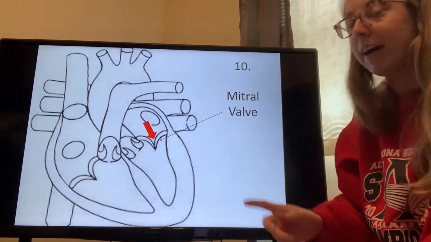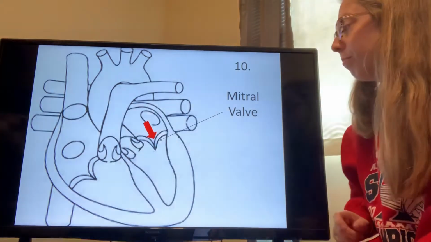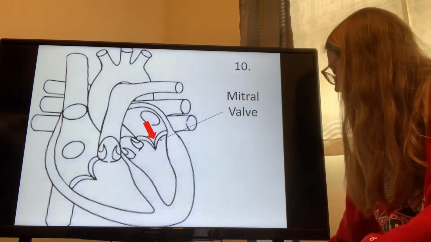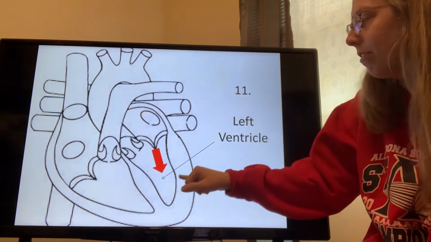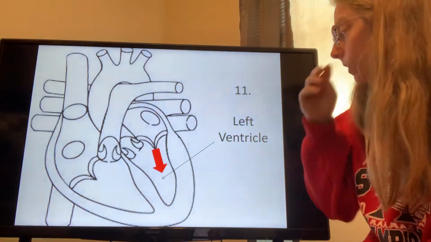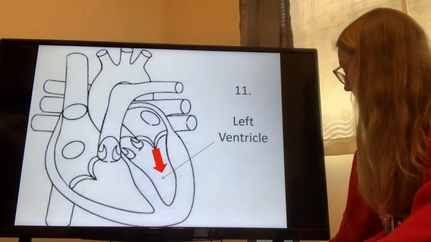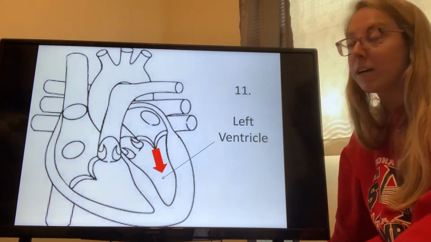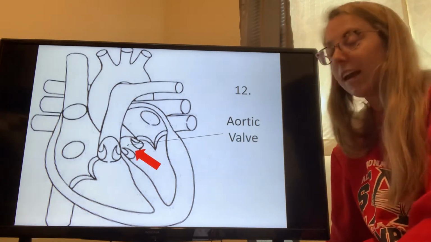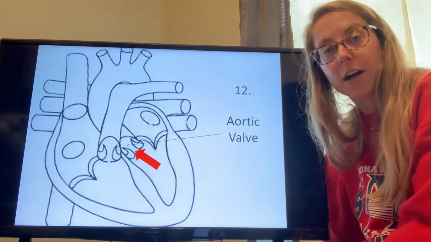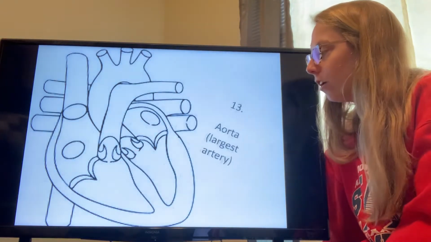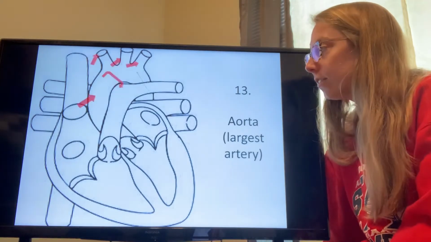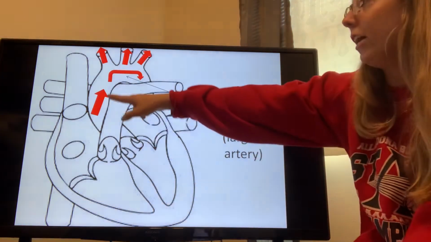So the mitral valve is where we're going to flow from the left atrium through to the mitral valve, down to the left ventricle, and then to leave a ventricle, I have to go through yet another valve, the aortic valve. That's step 12. From the aortic valve, I go to the aorta, which is this big guy right here.